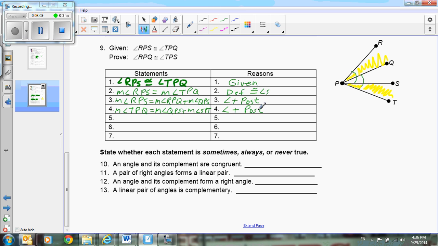All right, I'm going to do one more step with you and then just give you some hints for the rest of it. I want you to look back at step 2, where we said that the measure of angle RPS was the same as the measure of angle TPQ. Now, in step 3, the measure of angle RPS is equal to this sum, right? And in step 4, it says the measure of angle TPQ is equal to this sum.